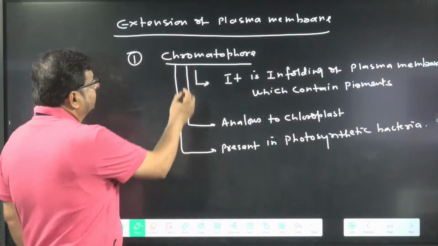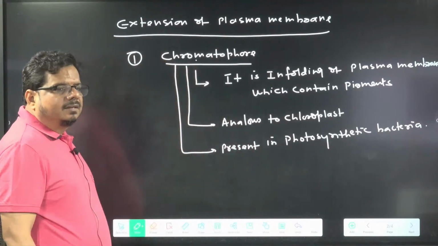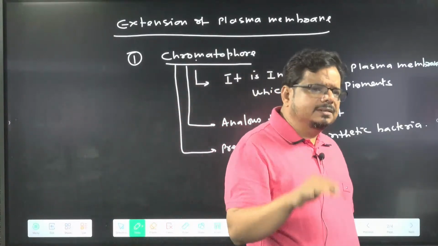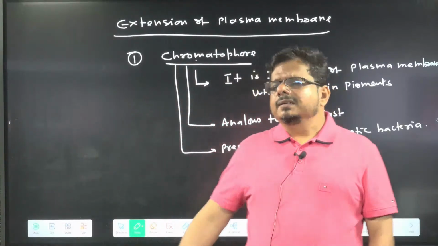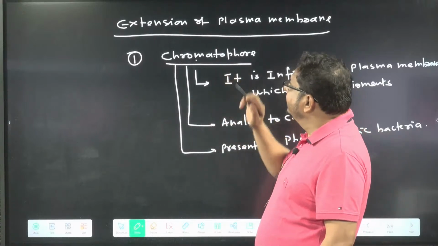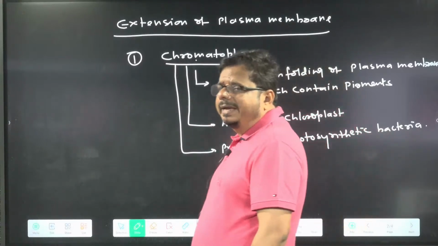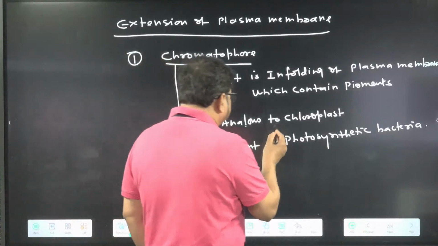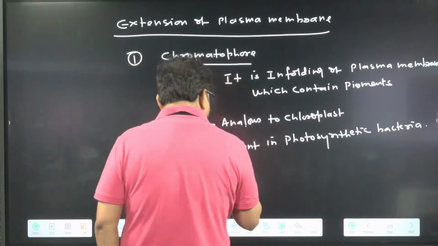That structure is basically the chromatophore. So in photosynthetic bacteria, the job of the chloroplast in the eukaryotic cell is performed by the chromatophore. And hence I have written here the line: it is analogous. There is a spelling error.